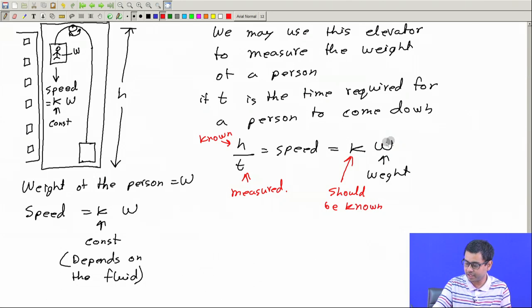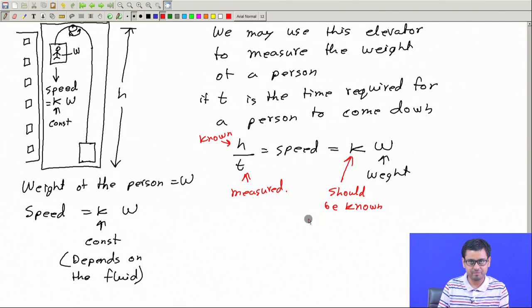Then you can measure W. So basically we can measure how heavy a person is by measuring the time required for him to come down. If the person is heavier, he will need smaller time, and vice versa. So this is the idea, with which we can measure the weight by measuring time.